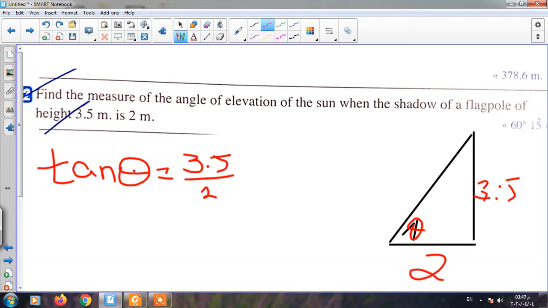You press shift tan 3.5 over 2. You have 60 degrees and 15 minutes. This is your elevation angle. So next question.